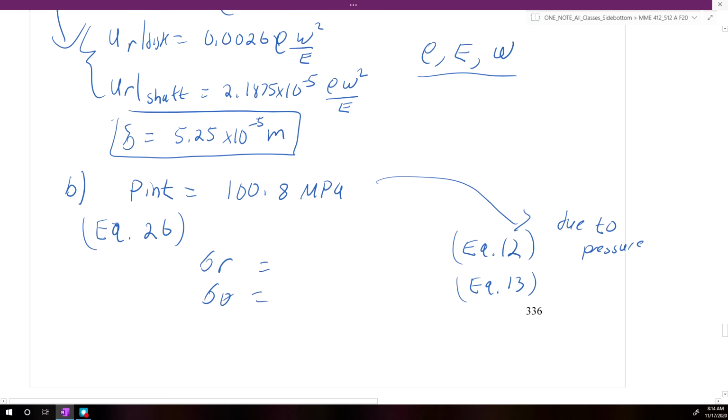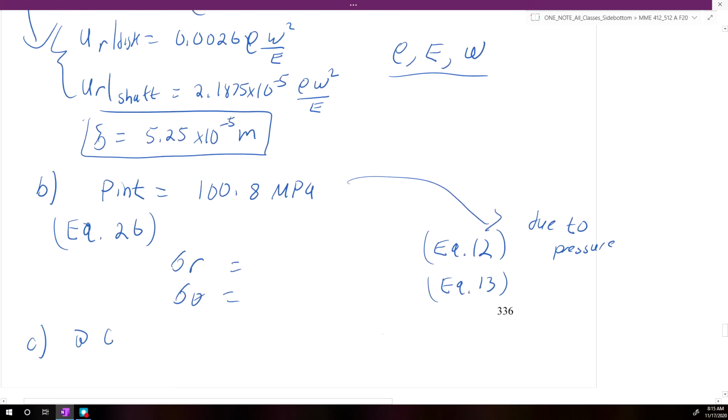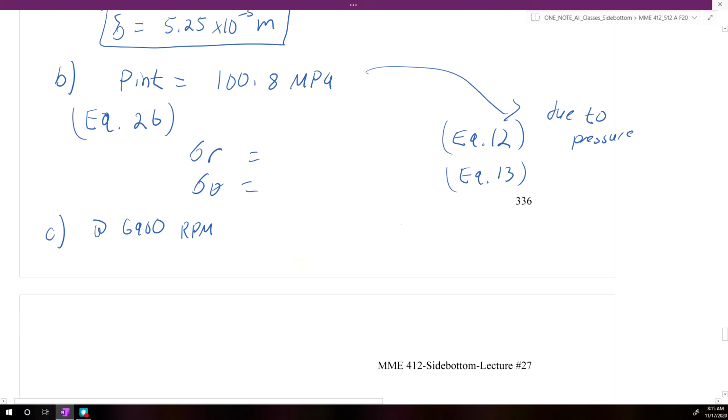So in part C, it asks us to find what would be the stress when the disk is rotating at 6900 RPM. At 6900 RPM, we have our rotational pressure.